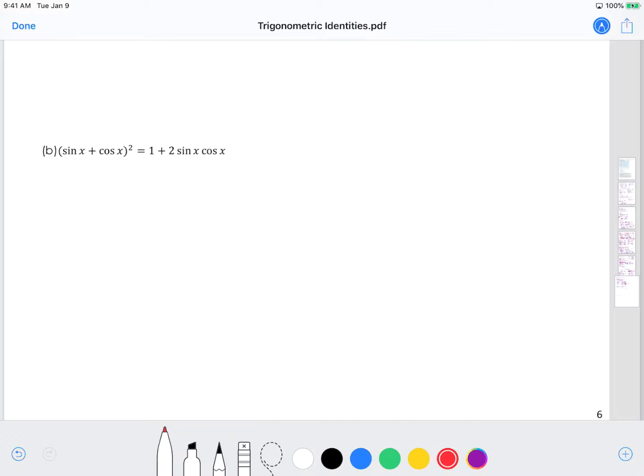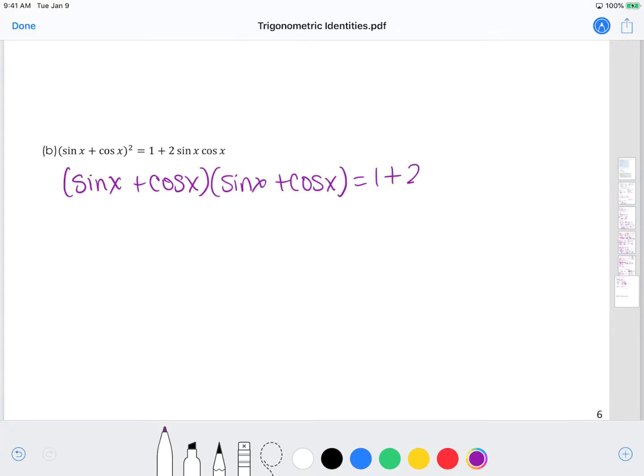I have sine x plus cosine x, squared. So I've got to write sine x plus cosine x times sine x plus cosine x. And I want to show that that's equal to 1 plus 2 sine x cosine x. Well, I have to multiply this out and distribute twice.